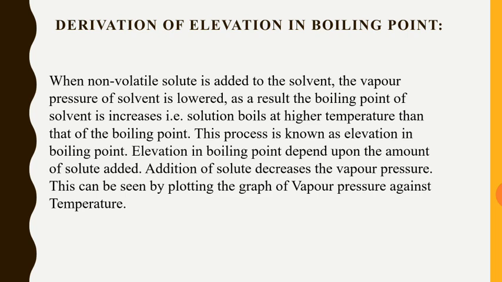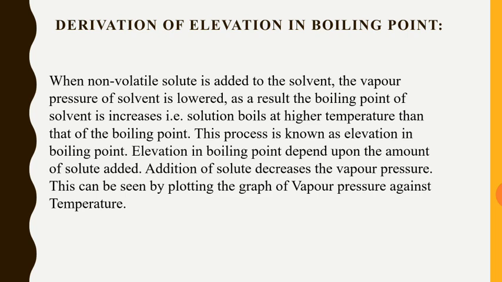So student, in our upper slide we have seen how the addition of solute into the pure solvent decreases the vapor pressure. As we know, the boiling point is related with the vapor pressure. As the vapor pressure decreases, that is the reason why the solution boils at a higher temperature.